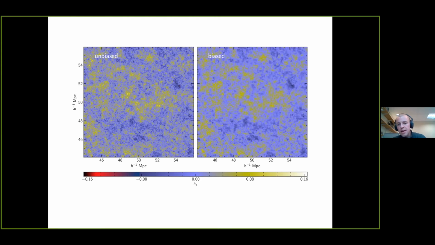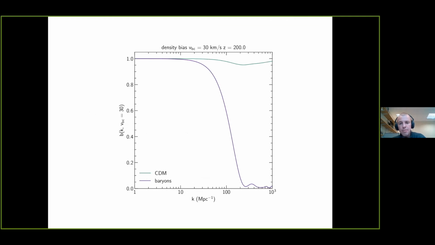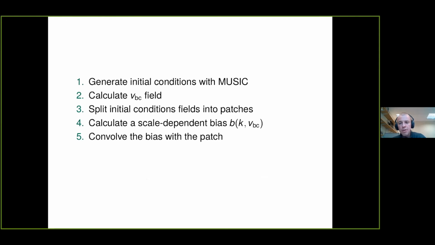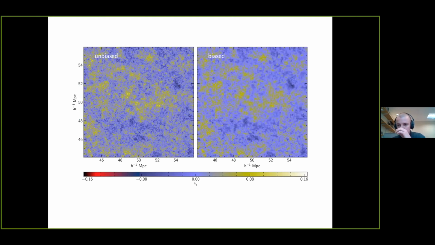So it's essentially acting like a sort of low pass filter, taking out lots of your high frequency modes dependent on the value of the VBC. So you could have a region that doesn't have very much VBC, you wouldn't get much filtering, if any. But if you have a region with very high VBC, you might get a lot of filtering of your high modes. And you can see that here. You can see the small scale noise has been washed out.